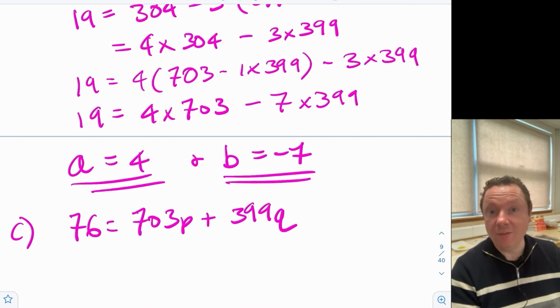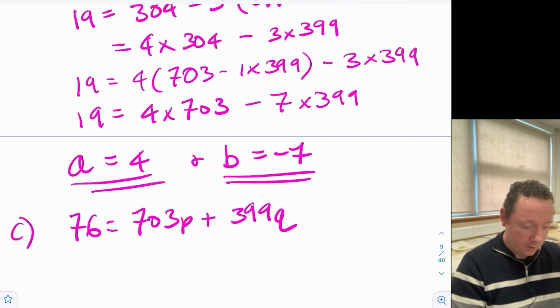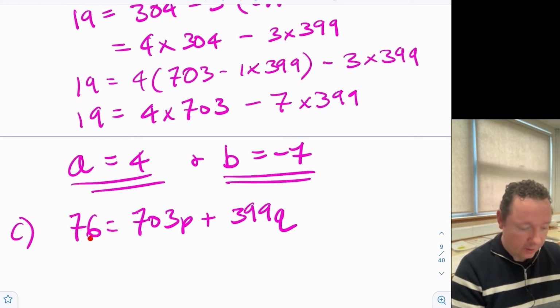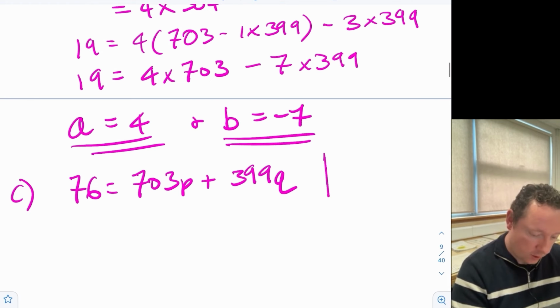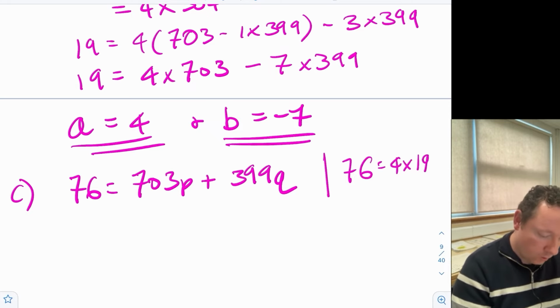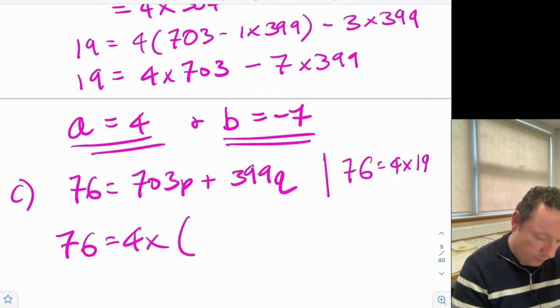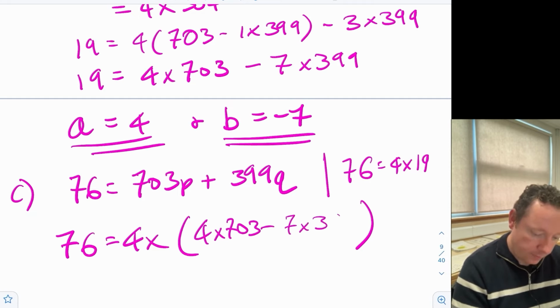Part C, hence find integers P and Q such that 76 equals 703P plus 399Q. So notice the connection between 76 and 19. 4 19s is 76. So that means that 76 equals 4 times 19, which is 4 times the whole thing we just got, 4 times 703 minus 7 times 399.